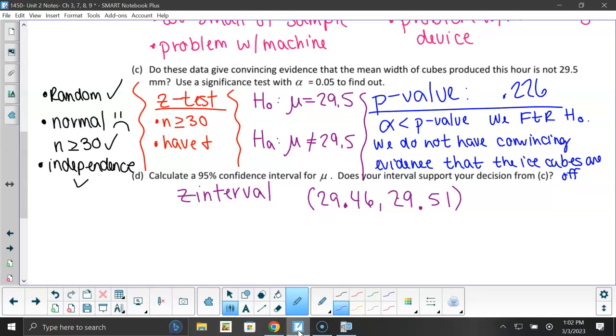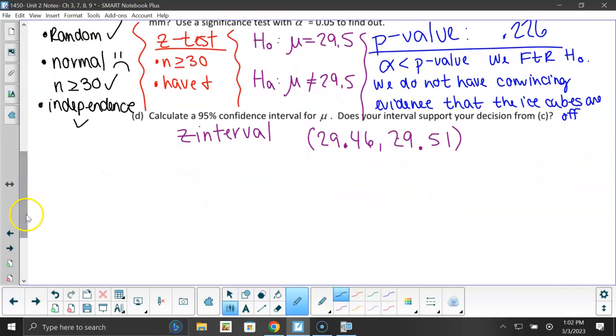All right. So does our interval support our decision that we don't have convincing evidence that it's too far off? Yes. Why would you say yes and no?